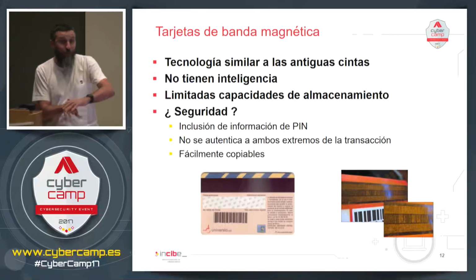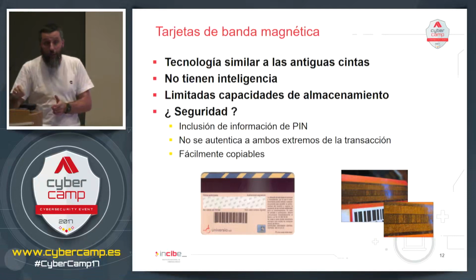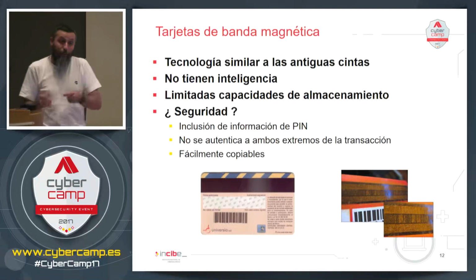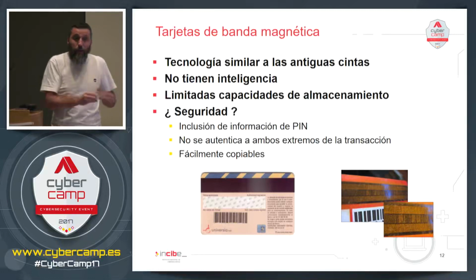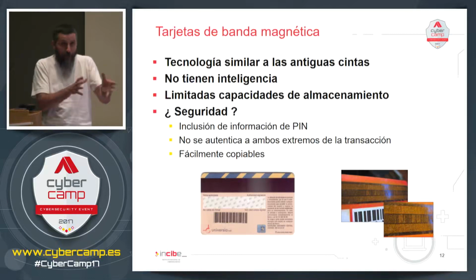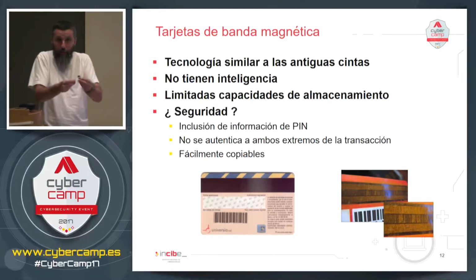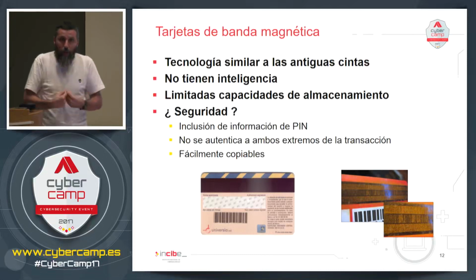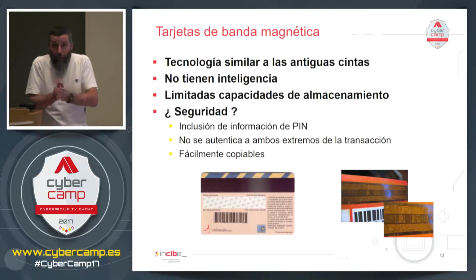Somebody sees you typing your PIN, so they say, oh no, cover your hands so people can't see it. As the PIN's not clearly in the card, even if they copy your magnetic strip, they still need to rob you to have your PIN number. That's why this way of getting money out of a cash point comes in, with these programs that record.